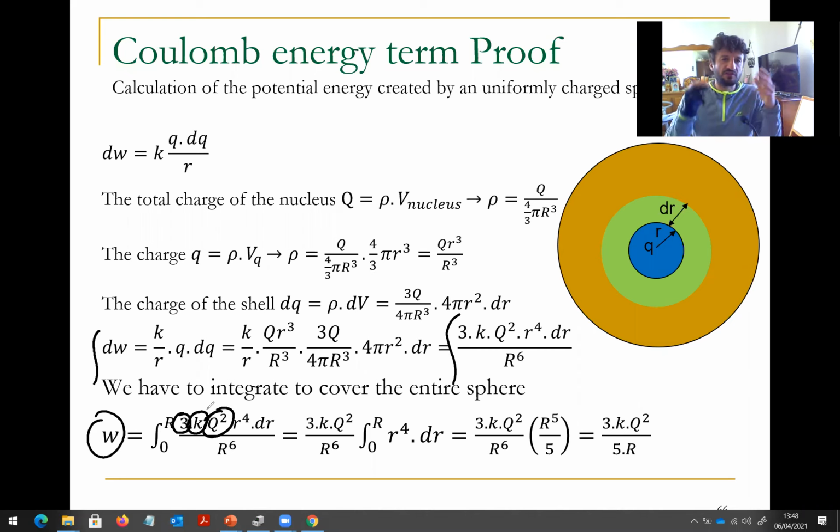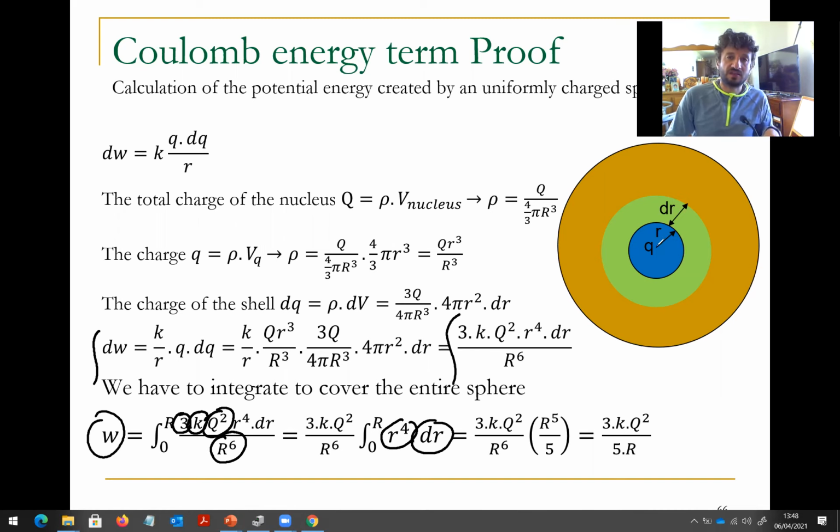The total charge of the nucleus equals Q, a constant value. The radius of the total nucleus is constant. So we get only r^4 times dr. It's the only variable, small r.